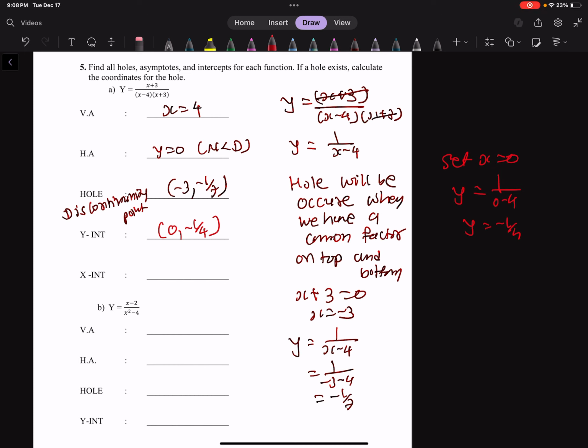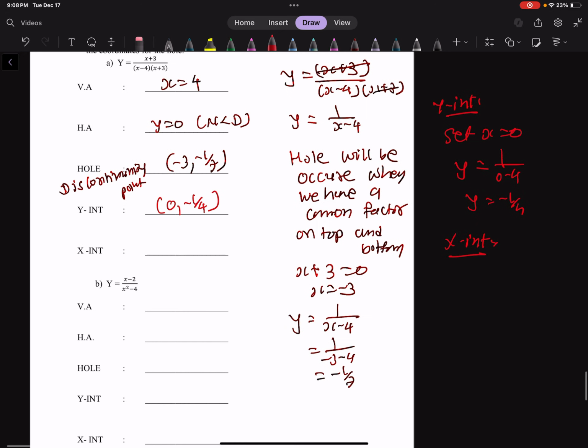For the x-intercept, set y equal to 0. Cross multiplication, so that's not true. So you write none here.